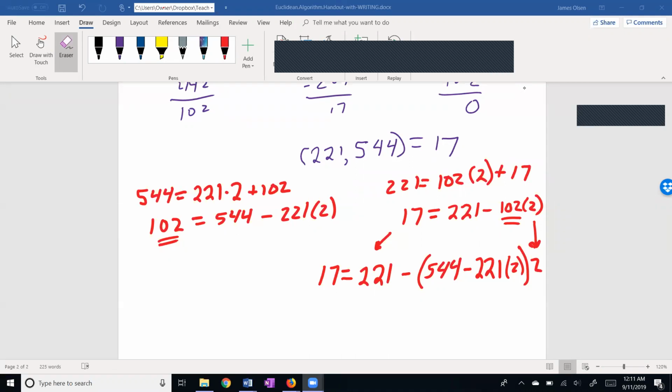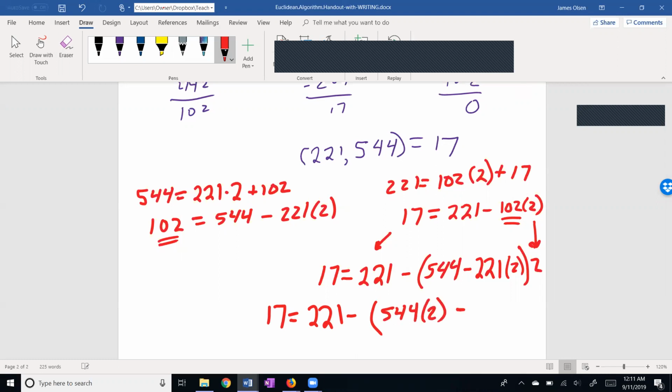Now I'm going to be using the distributive property. So I will have 17 equals 221 minus, and now I'm multiplying through by 2, 544 times 2 minus 221 times 2 times 2, which is 4. Now I'm going to be distributing the minus sign through.